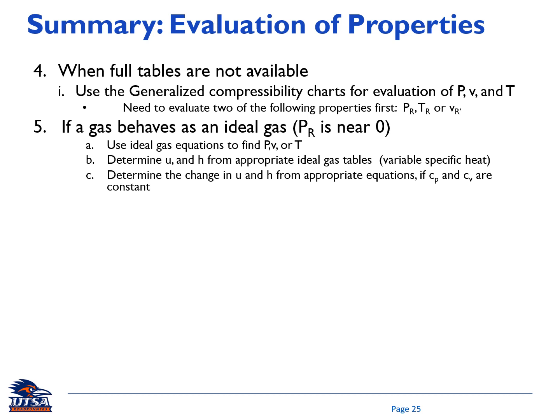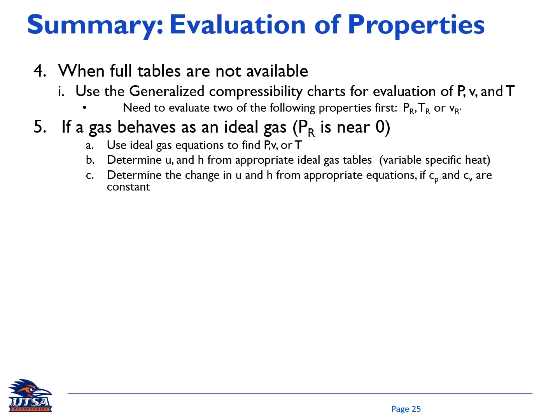Number 5, we just looked at this. If a gas behaves as an ideal gas, so here PR is close to 0 for any temperature, then you can use the ideal gas equation to find P, V, or T based on the given properties.